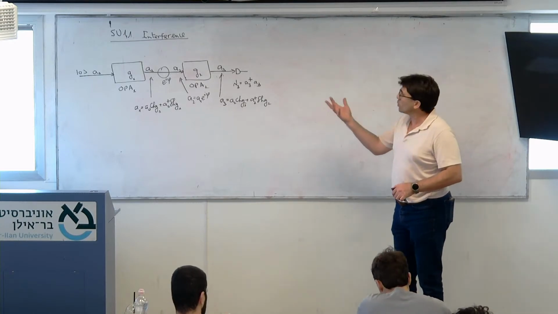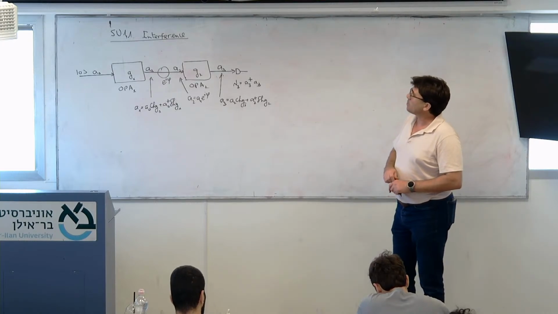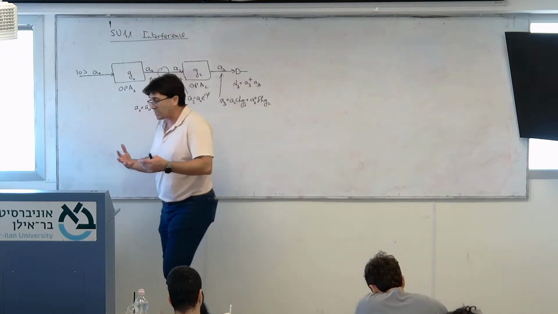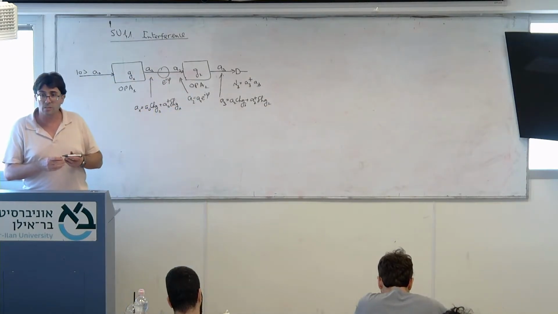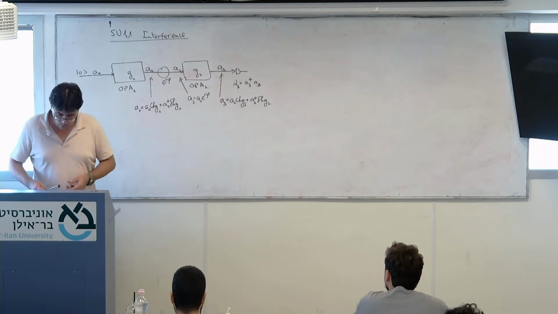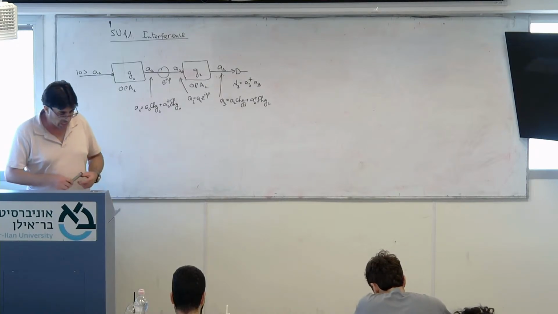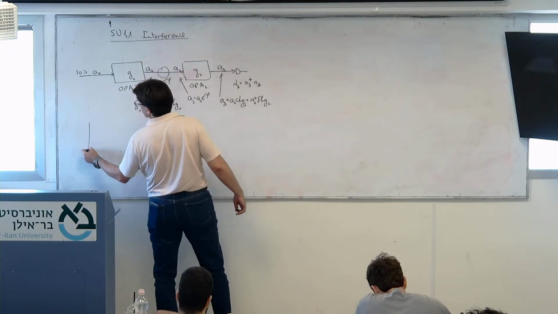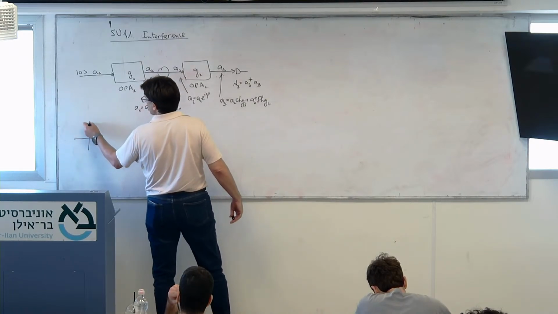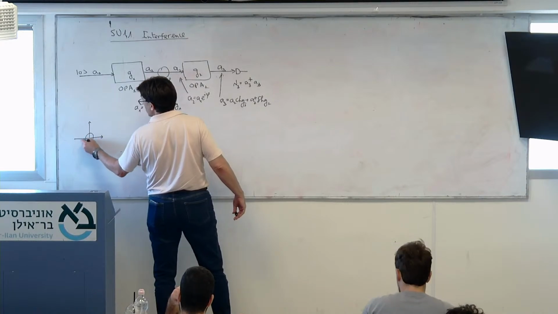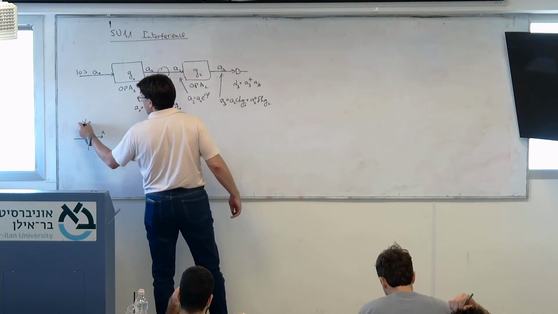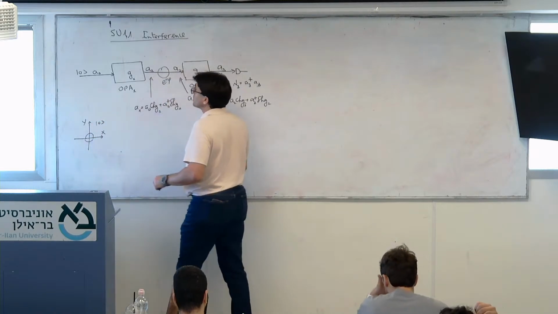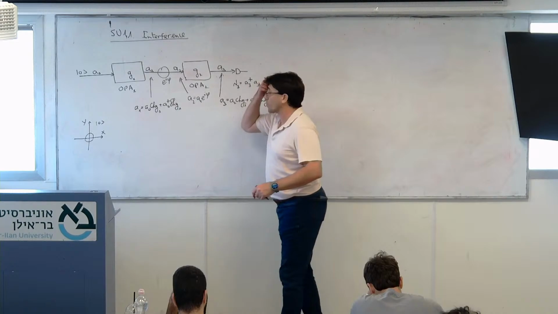I mean, we have a very good geometric representation of what squeezing does. So if I think here, what did I have? I had vacuum. So the input state was just, if this is X and Y, that's the vacuum. And then what did the first OPA do?